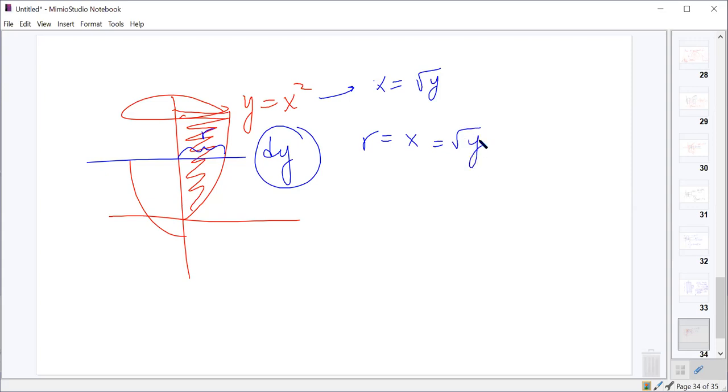So our radius is root y, and we would integrate pi times root y squared dy from a lower limit of 0 to an upper limit of, let's just say, y equals 4. And so we integrate from 0 to 4. Does that make sense to everybody?